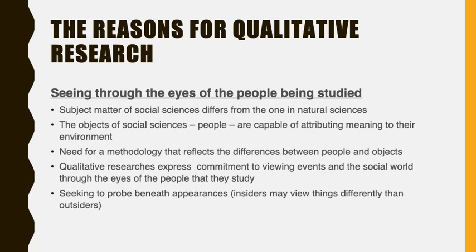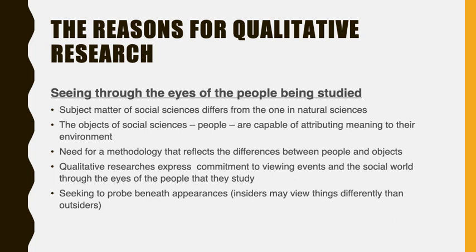But when it comes to an interaction between two people, they can define meaning. So if a person shakes another person's hand, the two people involved and society as a whole have agreed on what a handshake means. So qualitative research allows us to have a methodology that reflects the differences between people and objects.